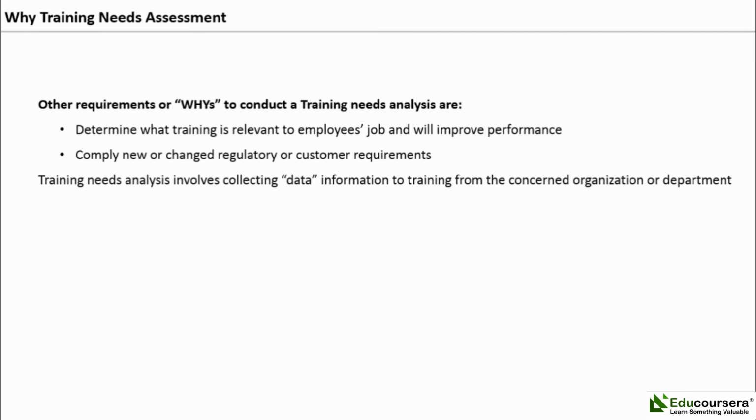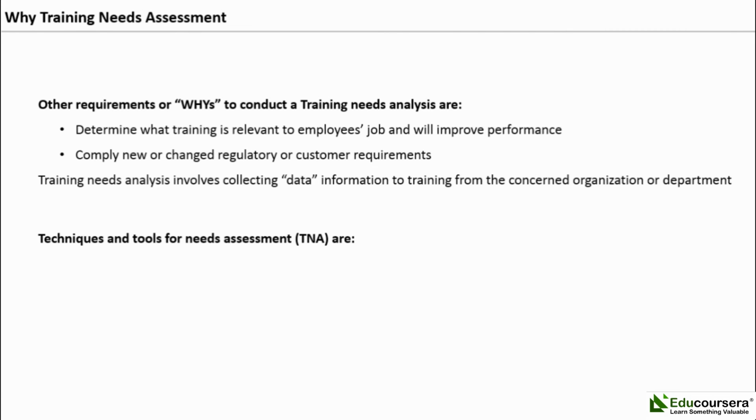A training needs analysis, TNA, involves collecting data and information relevant to training from the concerned organization or department. The aim here is to have clear evidence on which one bases the findings and conclusions.